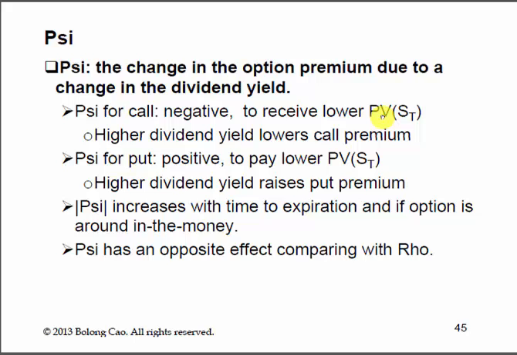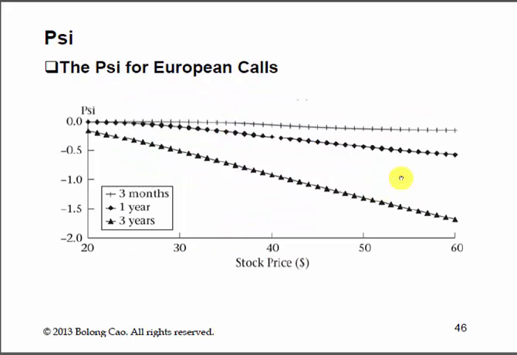If it's really deep in the money or deeply out of the money, then the dividend yield perhaps has very little influence. Psi basically has an opposite effect compared with rho, because they are on different sides for call and put. So this is the value for the European call for psi.